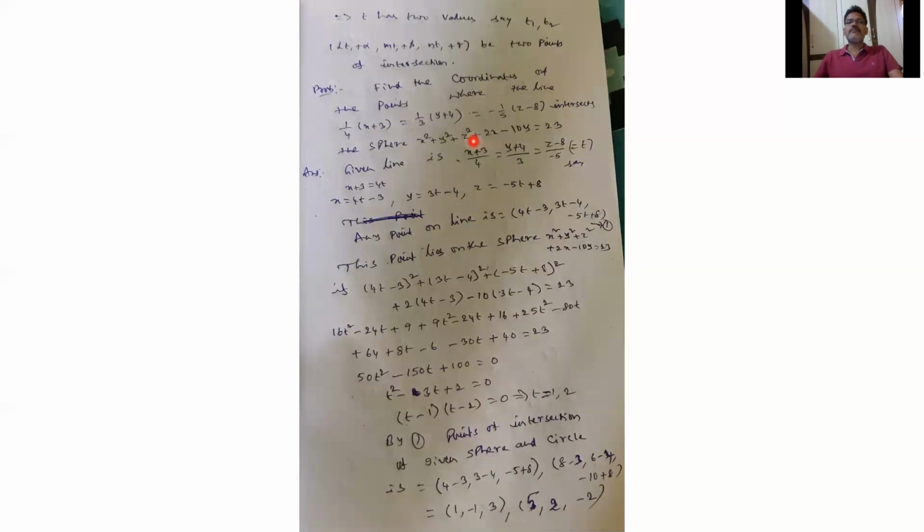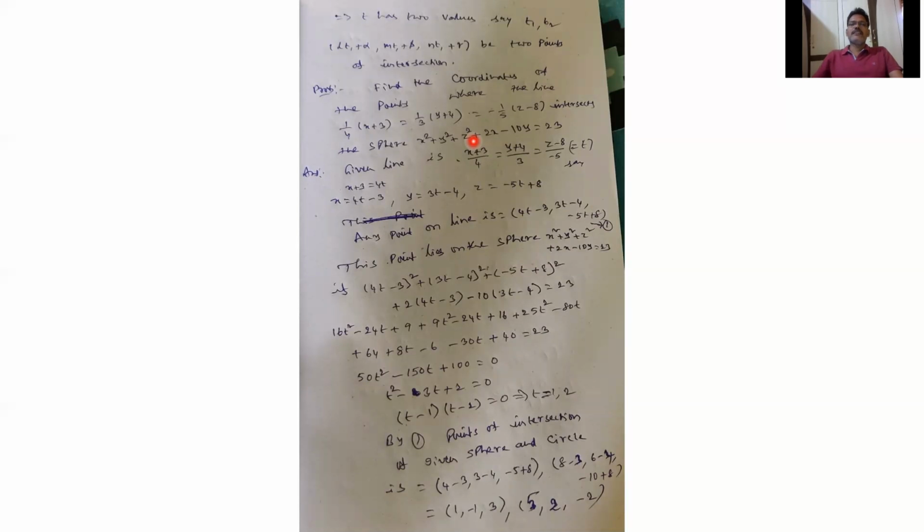To find the point of intersection of sphere and line, first you write any point on the line and substitute this in the given sphere. We get two values of t, and substituting those two values of t, we will get the 2 points of intersection.